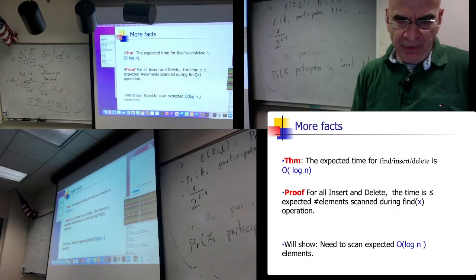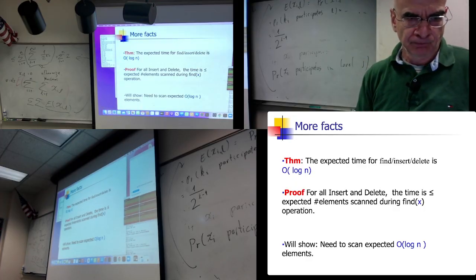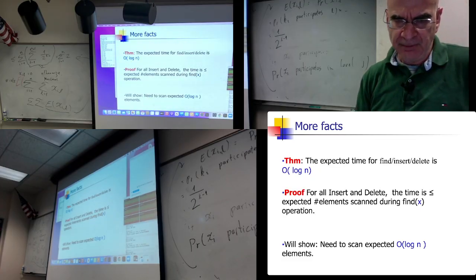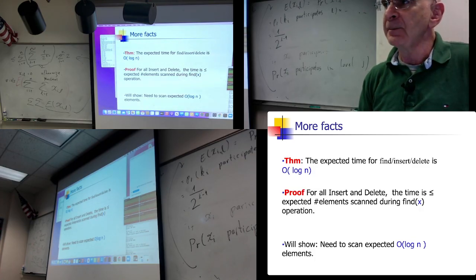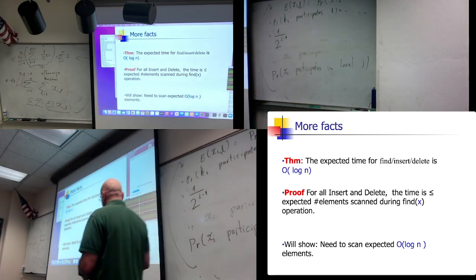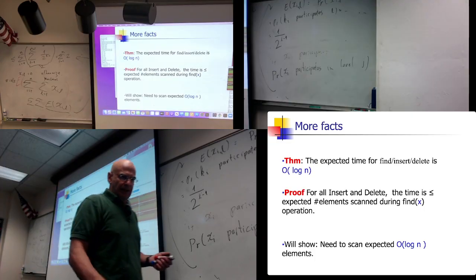OK, for these theorems, I will hand wave a bit to argue this theorem. Maybe I'll ask you to go over it in more detail. But the expected time per insert, delete, find is order of log n. And why is it?